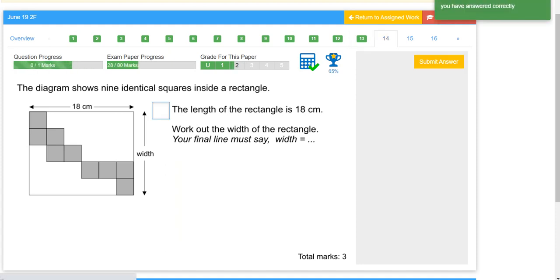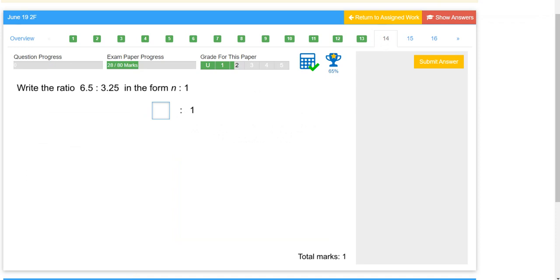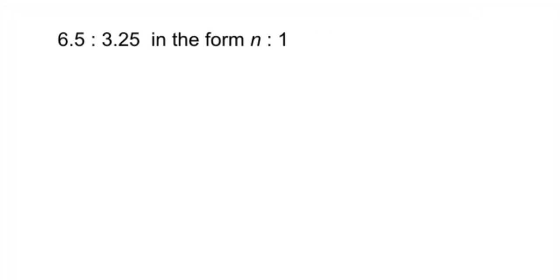So, question 14. Write this in the ratio n to 1. Well, I'm just going to run through how we do this just to remind you. And ordinarily, if I had a ratio, let's say, for example, 12 to 4, then I would simplify this by saying divide by 2 on both sides.